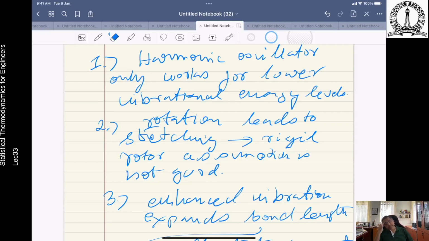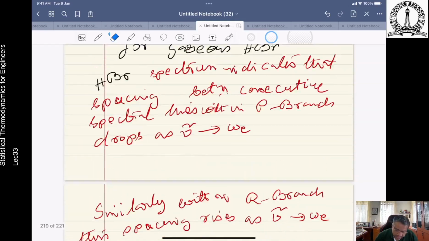So this time, as we say, the simplex model is useful, but it cannot really predict the difference in the line spacing in the spectrum, as we saw in this particular diagram.